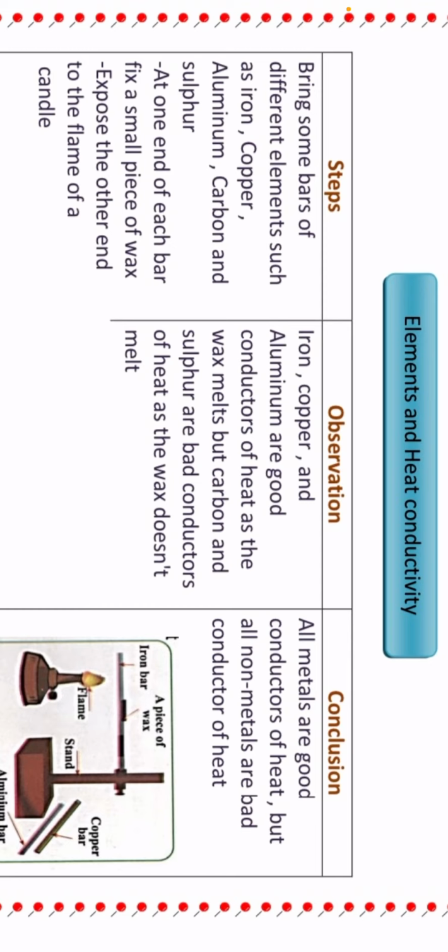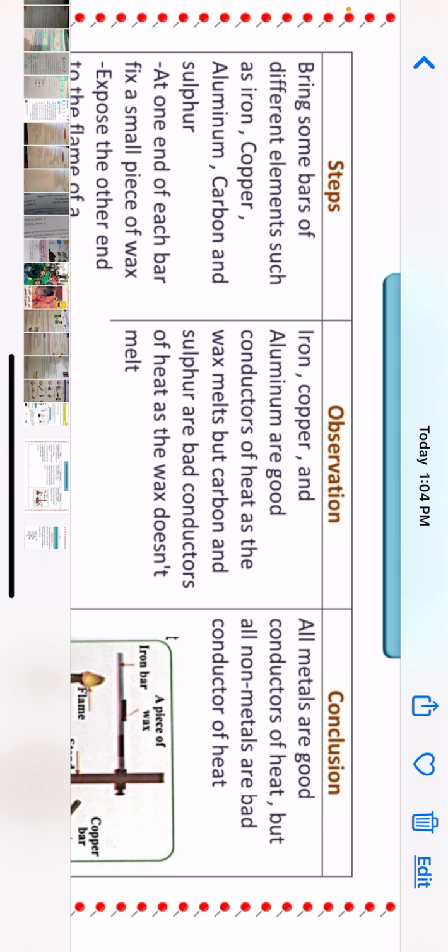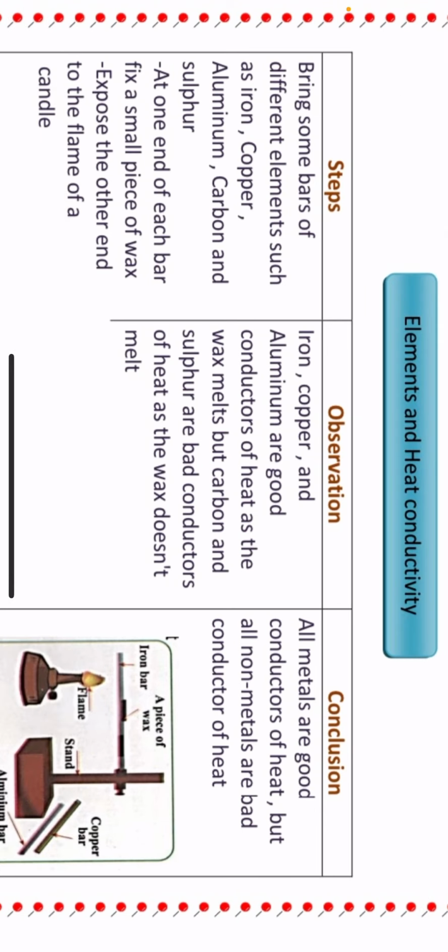Metals are good conductors of heat, while non-metals are bad conductors of heat. The most important note in this part is that non-metals are bad conductors of electricity except one, which is good, called what? Carbon. Except carbon is a good conductor for electricity, although it's a non-metal.